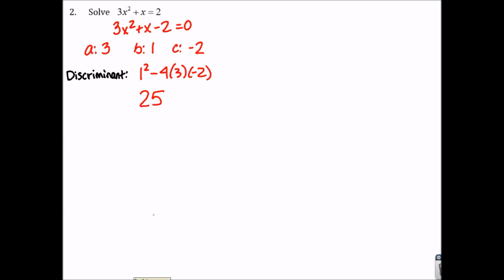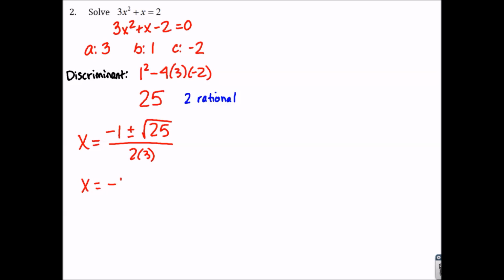So it's positive, and it's a perfect square, so we should have two rational solutions. So now we can go ahead and plug this into the quadratic formula. x equals negative b plus or minus square root of the discriminant over 2a. So I know the square root of 25 is 5, and I can go ahead and multiply 2 times 3.